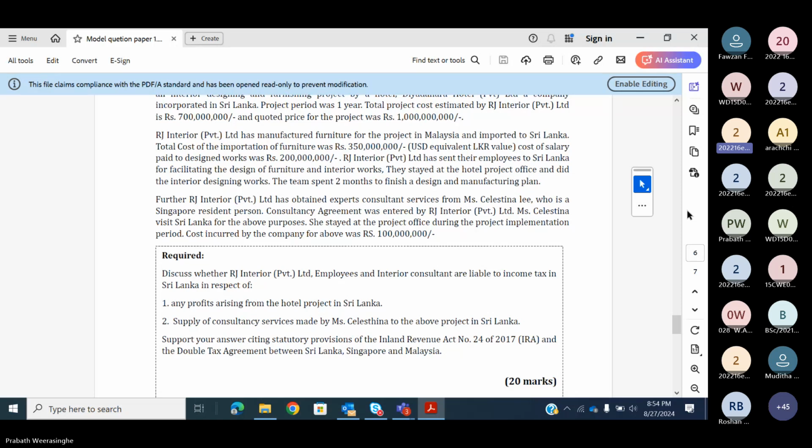So basically we need to see from where the source of income is arising, rather than whether that particular person is a resident or non-resident. For a resident, there is no importance to the application of the double tax evidence act, because a resident is liable for Sri Lanka tax as per the domestic law. In the case of a non-resident, we have to check whether there is a source in Sri Lanka.